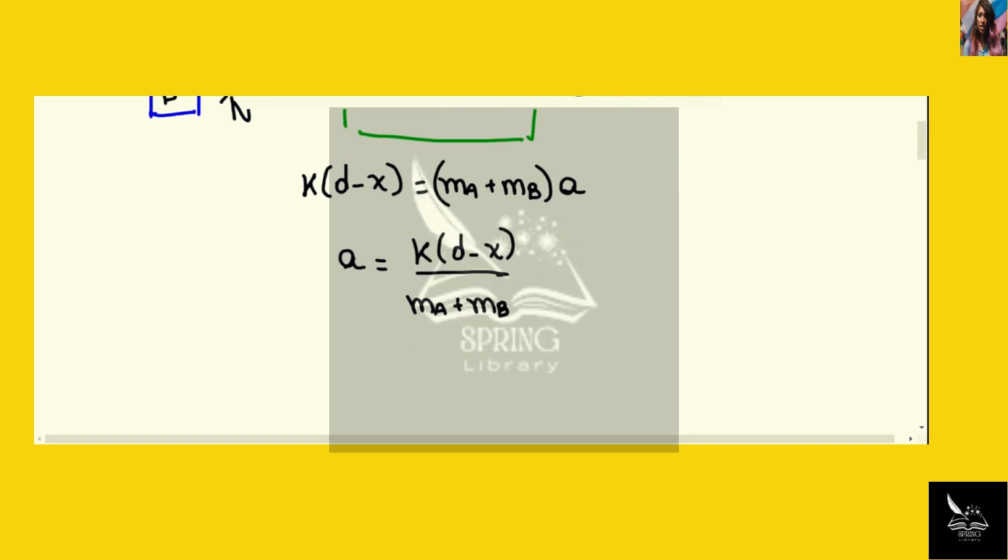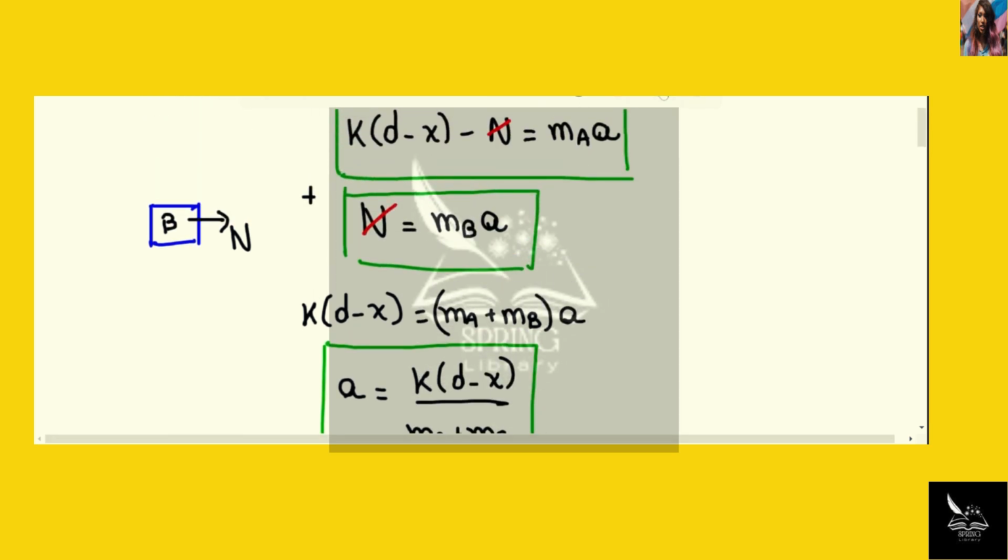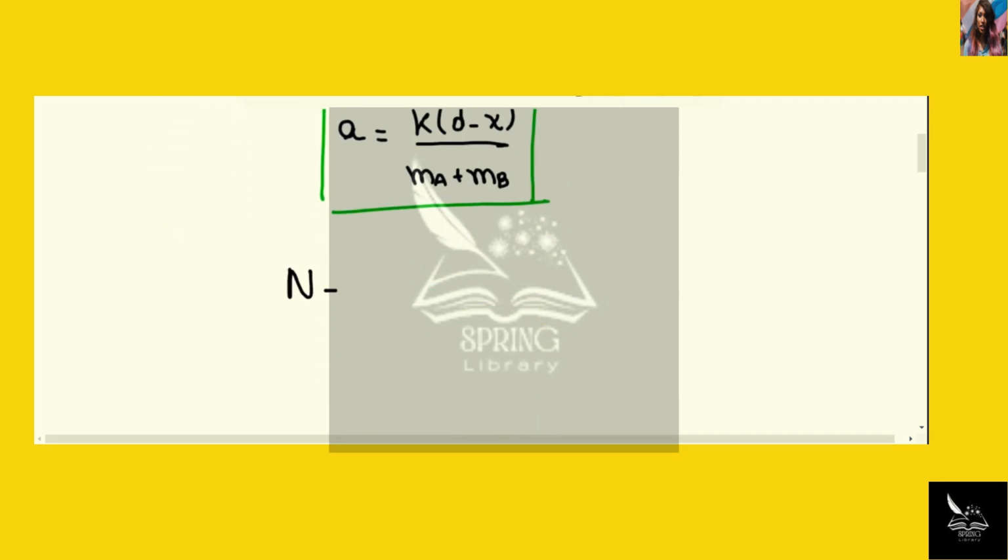Okay, this is the acceleration. And we can also find the force N just by substituting the acceleration into this equation here. So we have that N is equal to MB times the acceleration, so MB K times D minus X divided by MA plus MB.